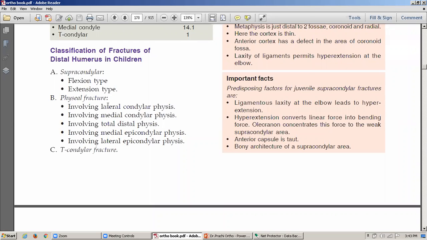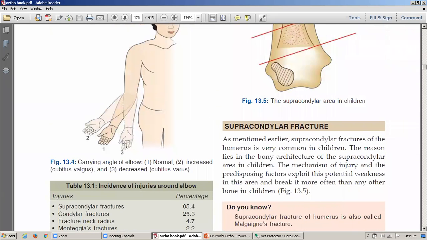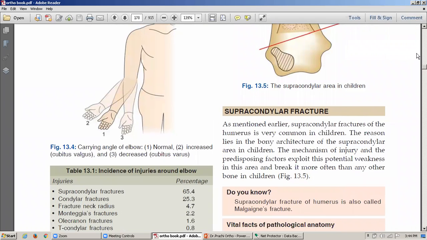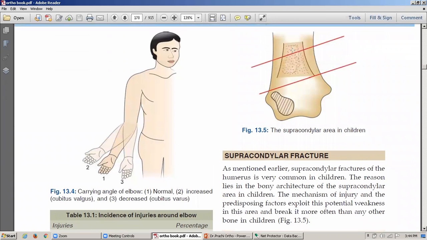B, that is physeal fractures, involving the lateral condyle physis, the medial condyle physis, the total distal physis, the medial epicondylar physis, and the lateral epicondylar physis. And C, that is the T condylar fracture. So first is the supracondylar fracture. This is the area of the supracondylar fractures, which are commonly seen in this area in children.